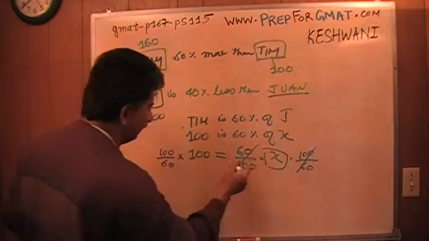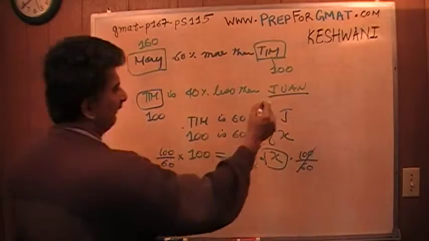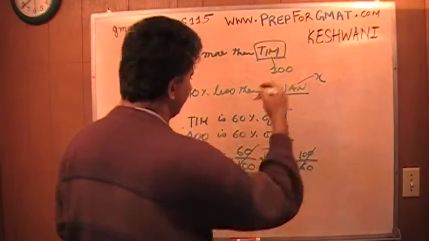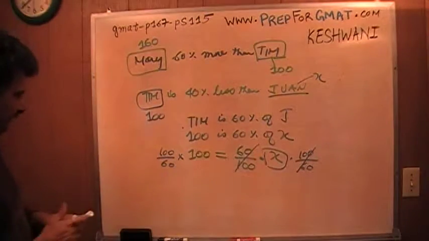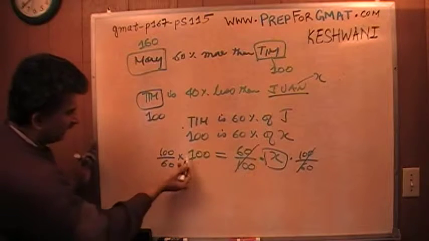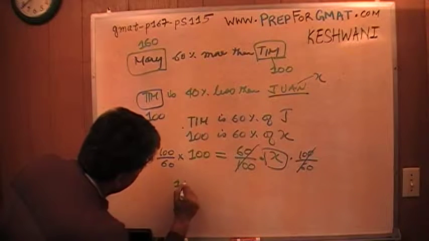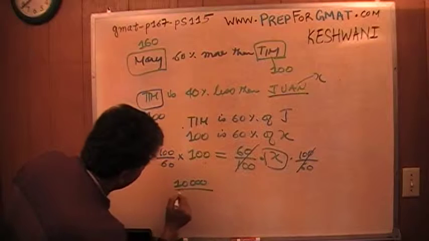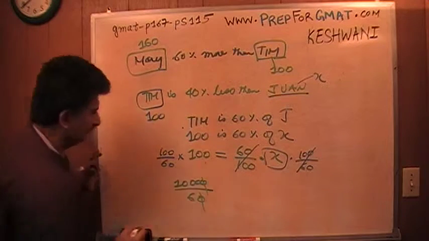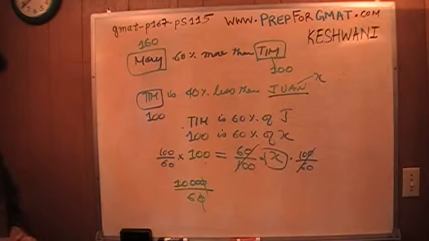So x equals, your x is Juan's income. I'm trying to figure out what that number must be. And Juan's income is basically 100 times 100 over 60. 100 times 100 is 10,000 over 60. So basically it's 1,000 over 6.